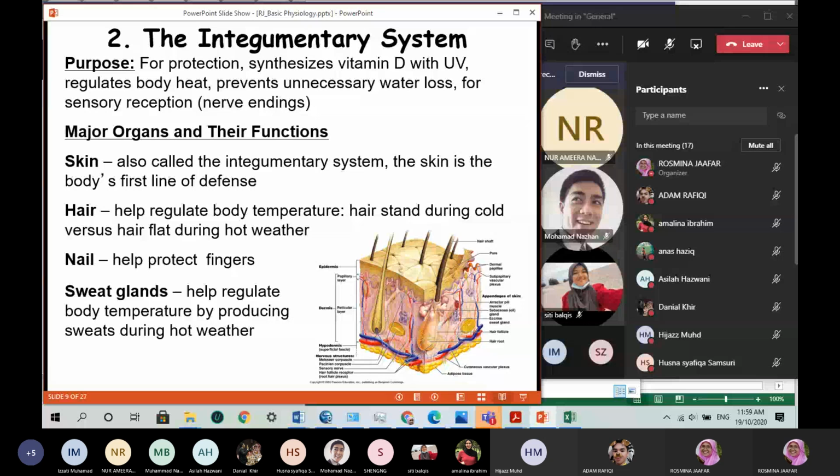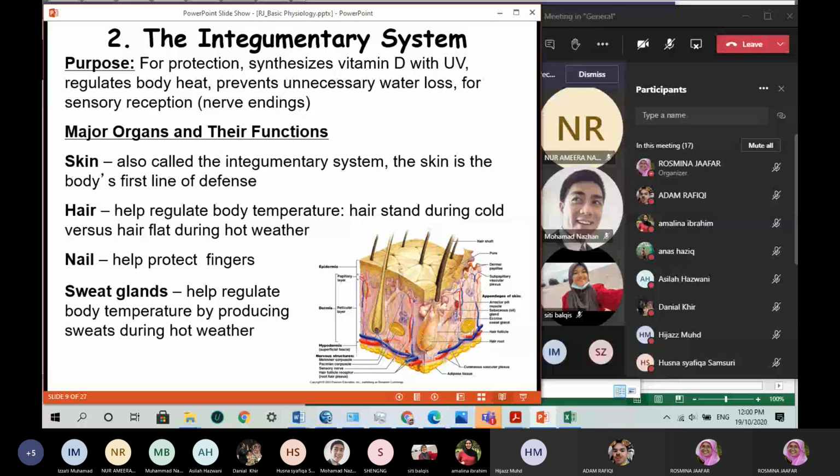So you need to keep the heat, because during cold weather, who has ever swum in a pool for a long time, you feel your goosebumps stand up, right? They stand because of the air gap near the skin, to increase the air gap, so that the heat from the body is not lost to the environment. You want to maintain your body heat, because your body temperature drops a little bit. So you need to minimize the loss of heat to the environment. So you need to make your hair stand.